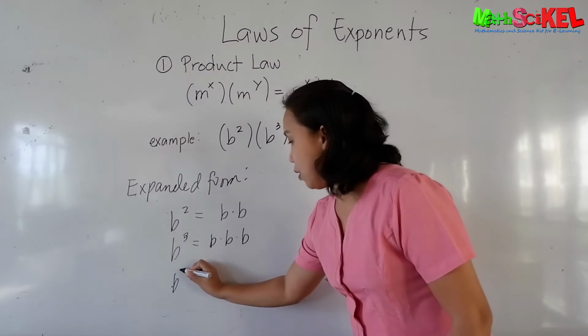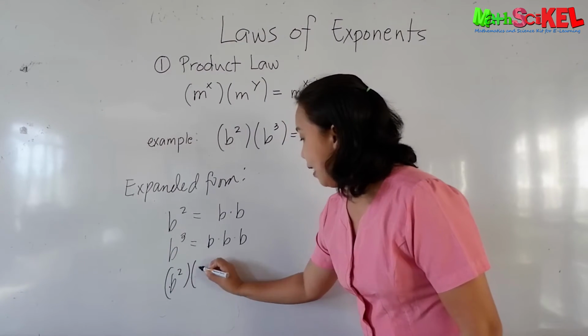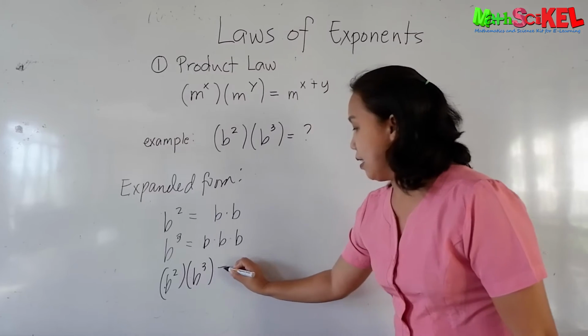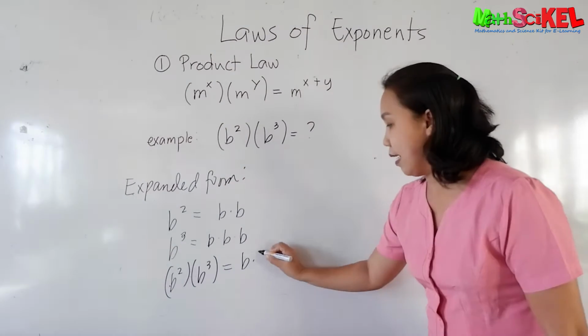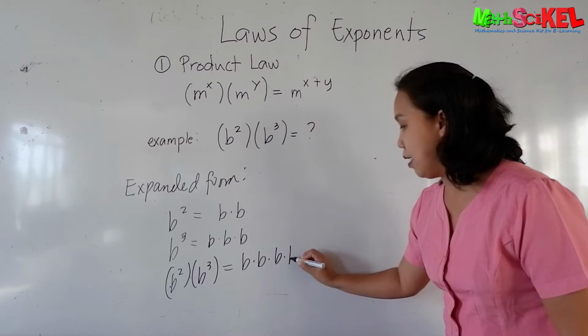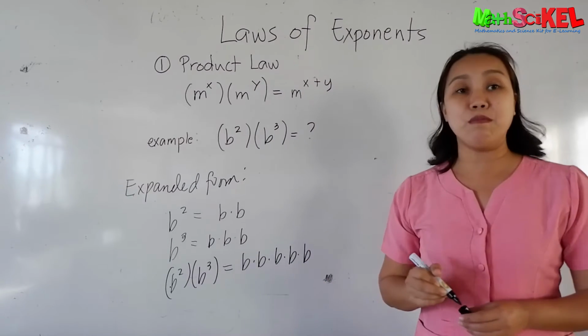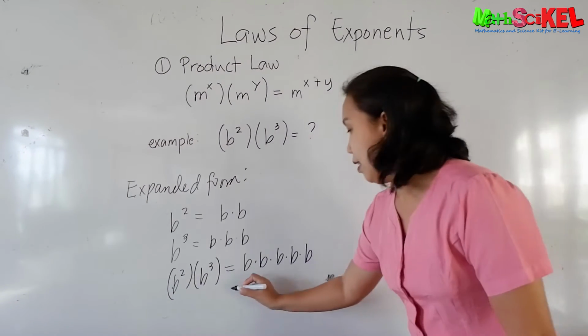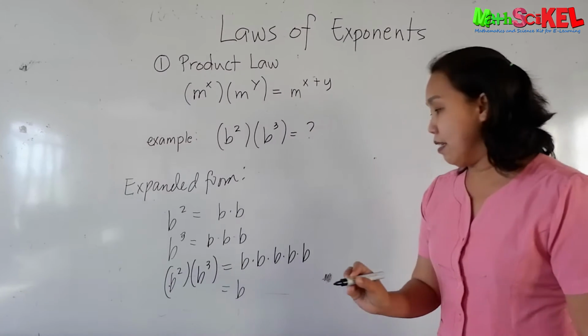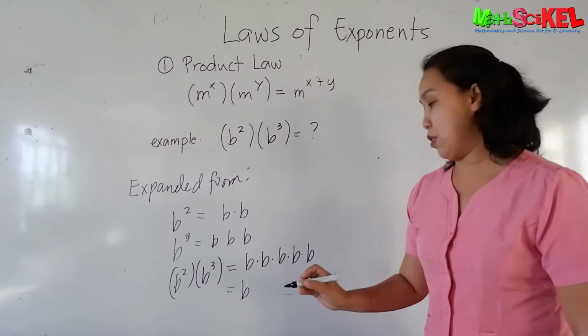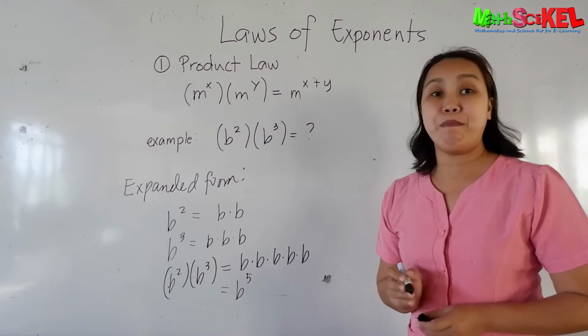Therefore, b squared times b cubed is the same as b times b times b times b times b. Therefore, b is being repeated 5 times, or b to the 5th power.